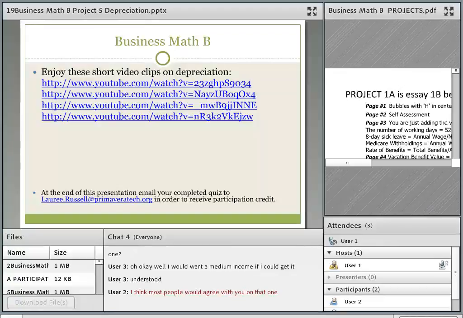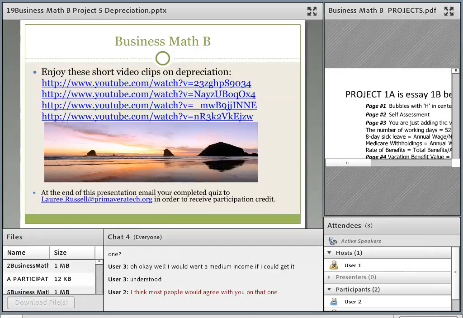I try to choose something presented by someone well known or respected, someone from another country for a different perspective, and a college or high school student presenting the topic. And lastly, I try to find one that's a cartoon or humor or a song, something interesting. These are great to view, and they really help you understand a little more about depreciation in business.